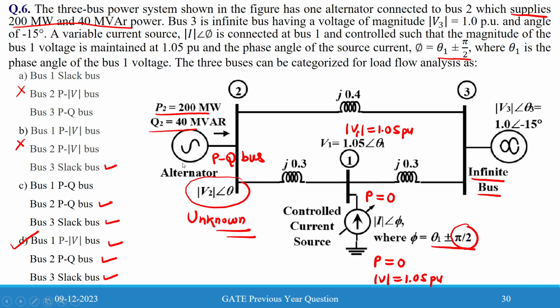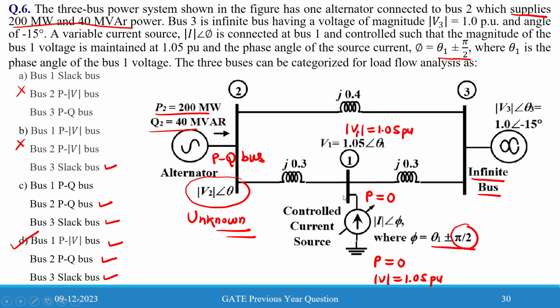Although an alternator is connected here, you cannot say that this is a PV bus. Since P and Q are specified, we have to take it as a PQ bus. And bus 3 is an infinite bus, the slack bus. It is already given with voltage magnitude and angle, so we take bus 3 as the slack bus.